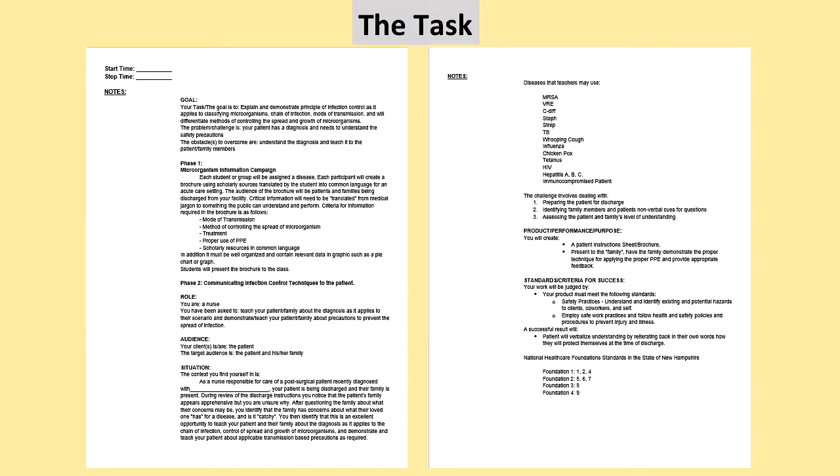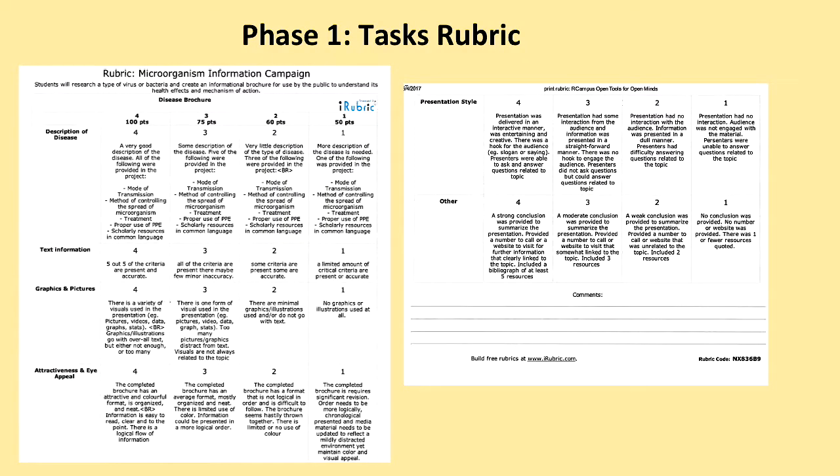So what we did was we broke it into two phases. Phase number one is the microorganism information campaign. And that's where they'll have to discuss all of those tasks that I had previously mentioned. Do so using scholarly sources, and then create a public media campaign or brochure that would be geared towards the patient and their family, and to put it together using certain criteria that are within a rubric that has already been established, and then produce that and report to their classmates with a presentation on this subject matter.